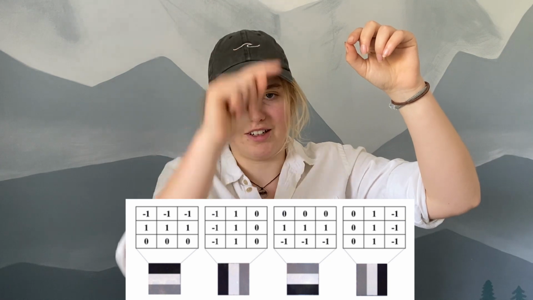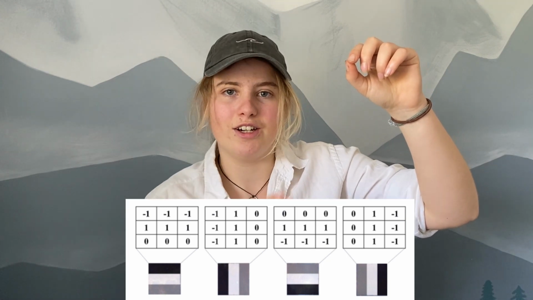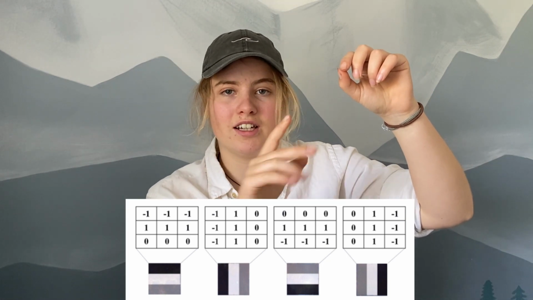It does that using weights, which are numbers like -1, 0 or 1. The way these weights are arranged in the filter or matrix will bring out different features. So if you've got a line of -1, a line of 0 and a line of 1, it will be looking for straight lines, and the same if they're horizontal.